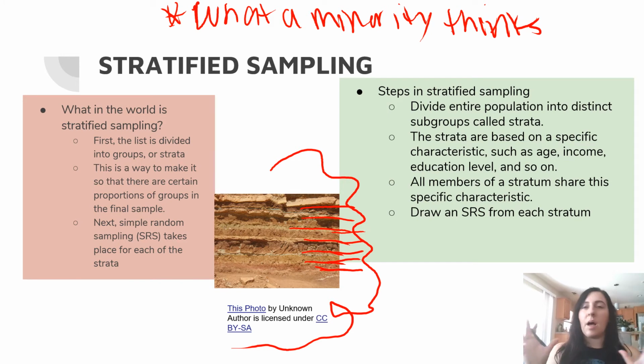When you have different levels of stuff, maybe in a population, among all the individuals in that population, you might have different levels, different classes, different categories. Now, the majority of the population could fall into just one big category, and then you might have just a couple of individuals falling into the other minority categories.